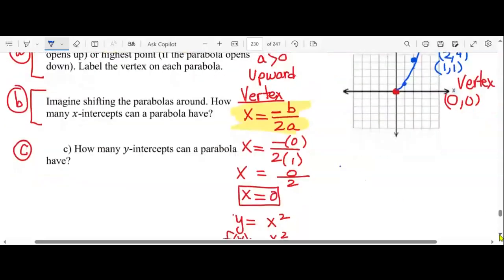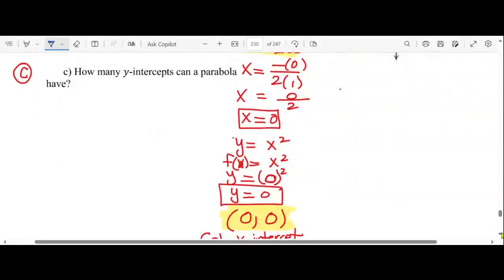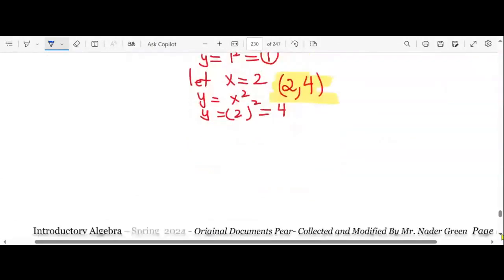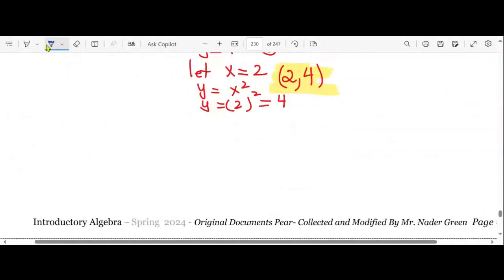I need to get the left side. So to get the left side, what should I do? Do we have space in the bottom here? Yeah, we have space. So we're going to take the other side, which is going to be negative values. So let x equal -1.